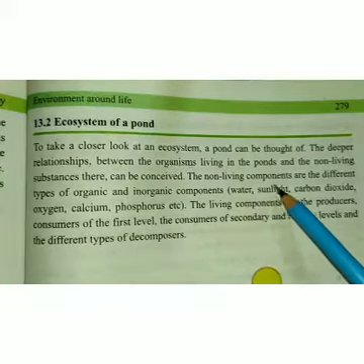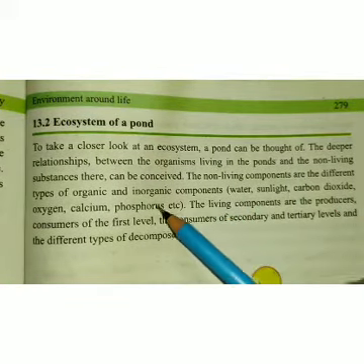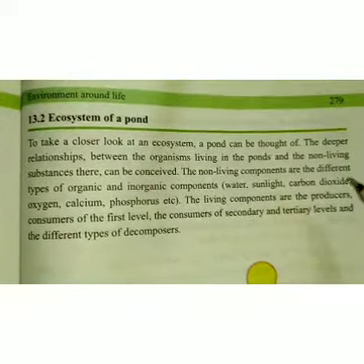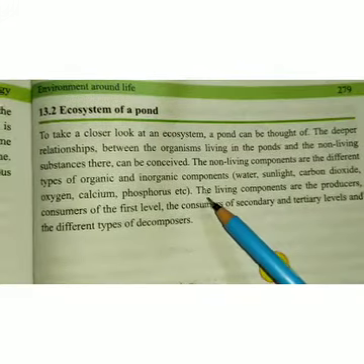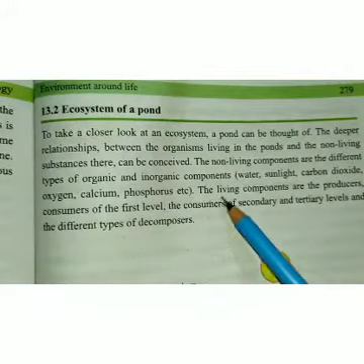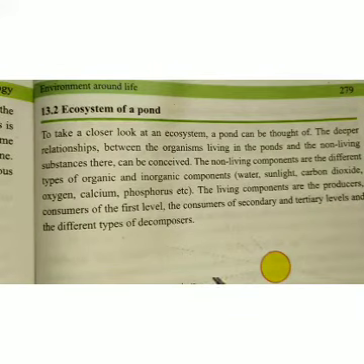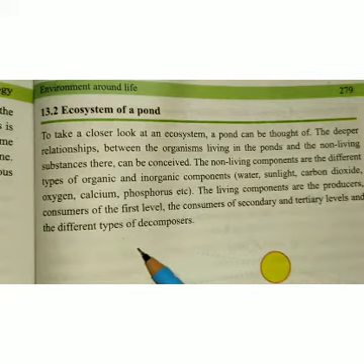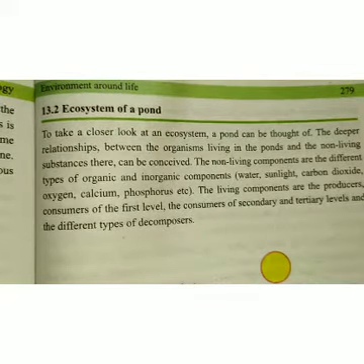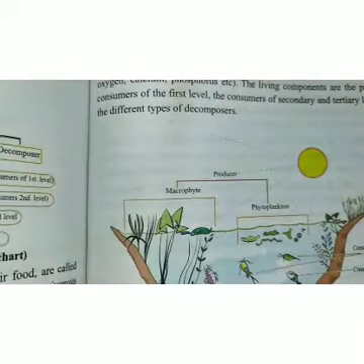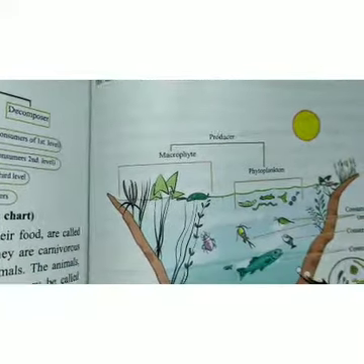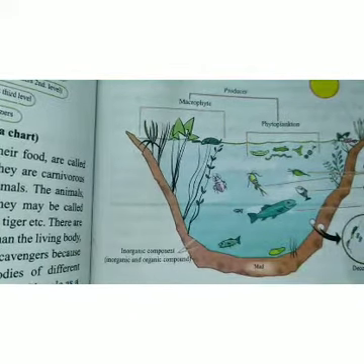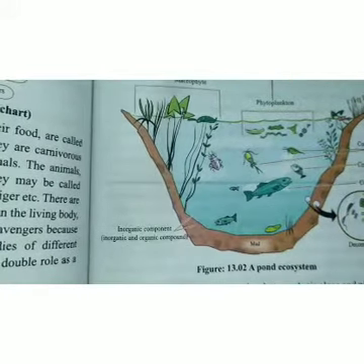The non-living components are the different types of organic and inorganic components like water, sunlight, carbon dioxide, oxygen, calcium, phosphorus, etc. The living components are the producers, consumers of the first level, consumers of the second and tertiary level, and the different types of decomposers. So, a pond can be said to be an ideal ecosystem in the world. First component of an ideal ecosystem like a pond is producer.